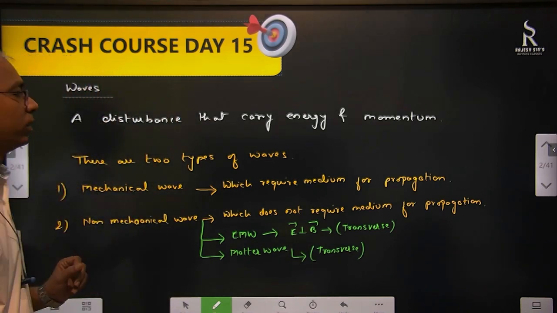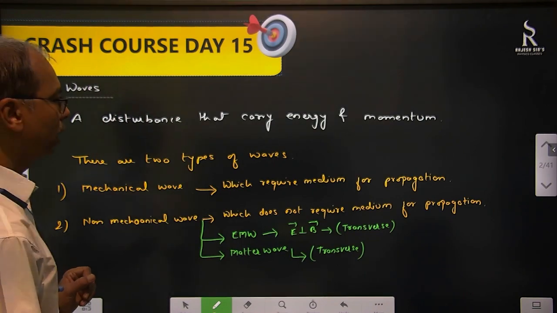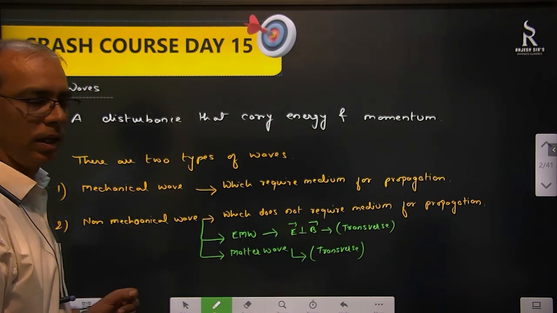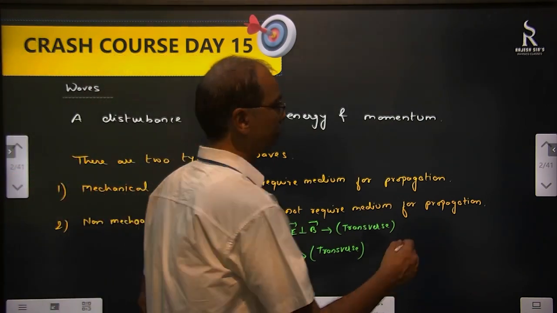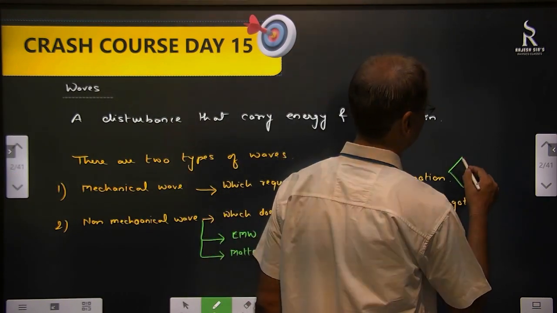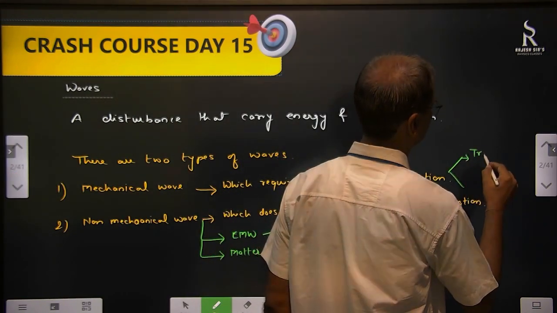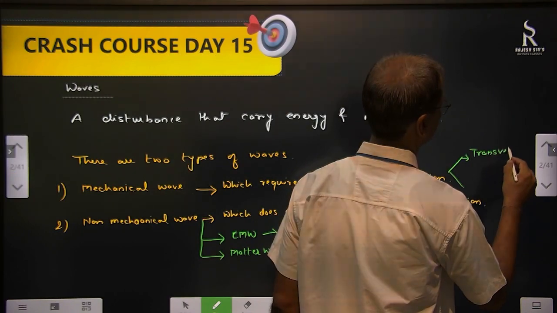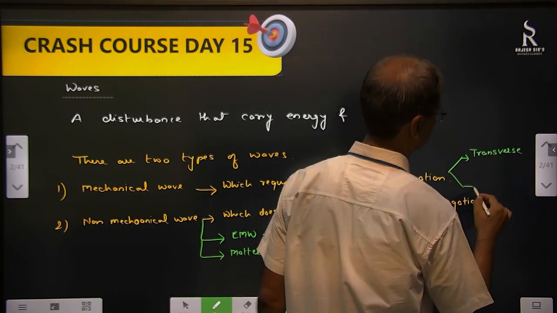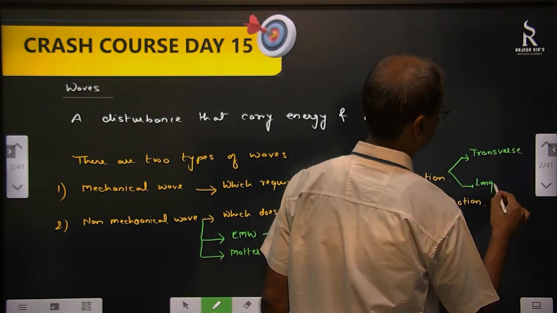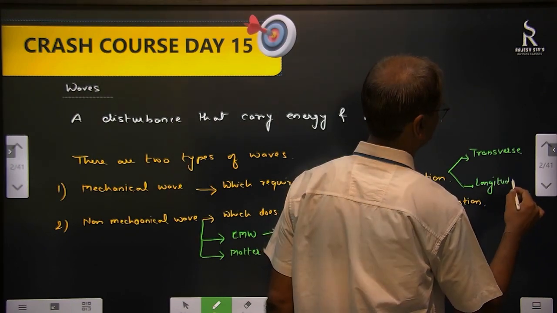Mechanical waves can be of two types, transverse and longitudinal.